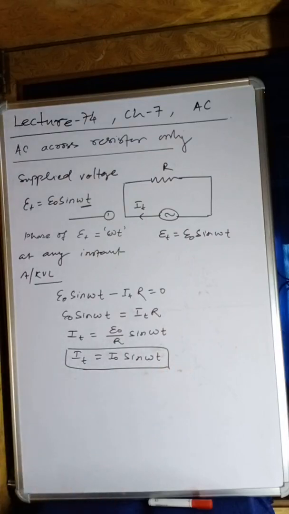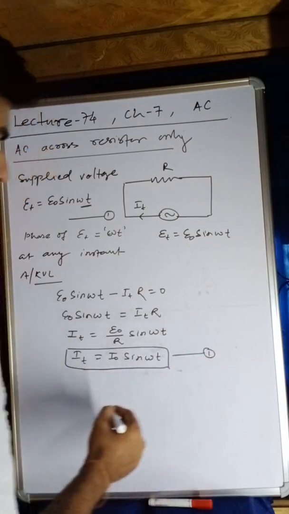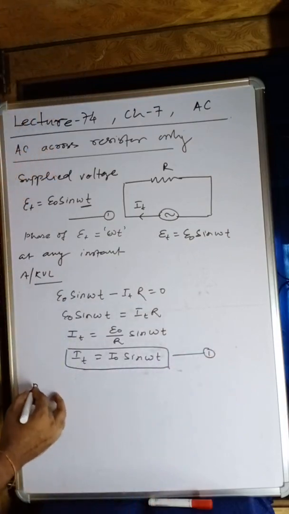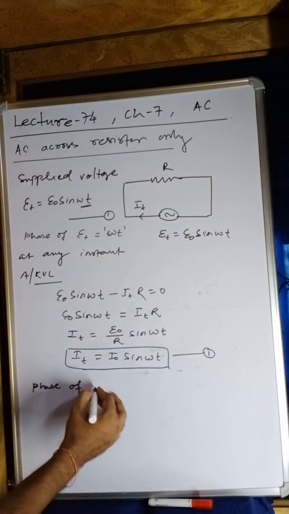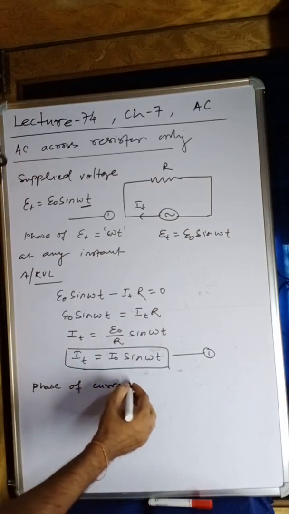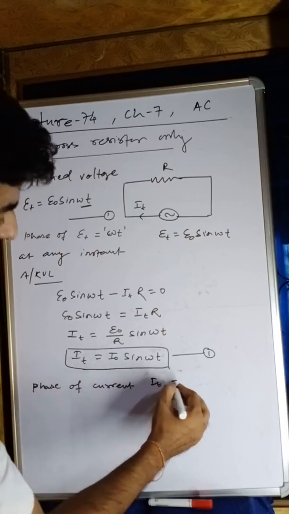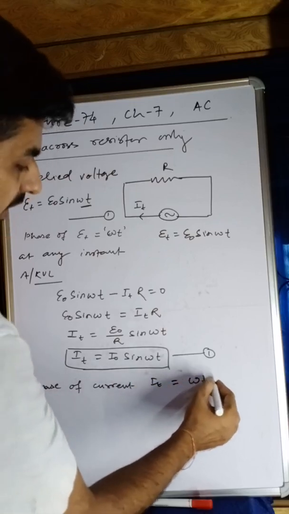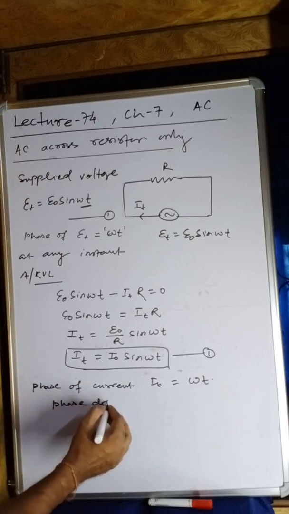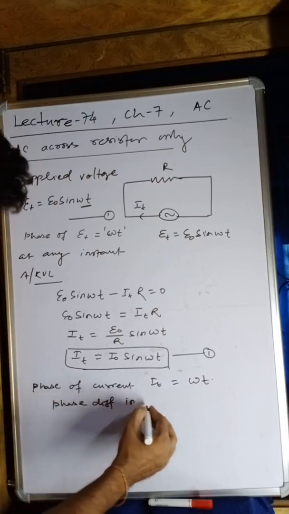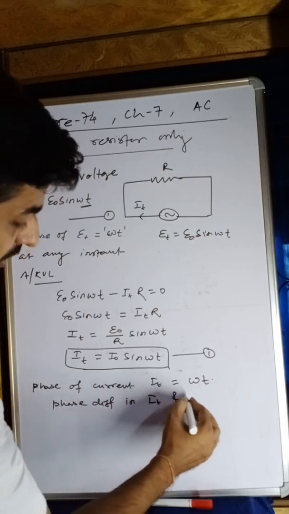Now, if you find the phase, this is the second equation we can write. Could you write the phase of current here? Phase of current, that is I(t), so you will find again omega t. And what will be the phase difference between I(t) and E(t)?